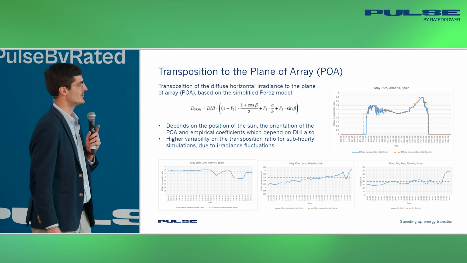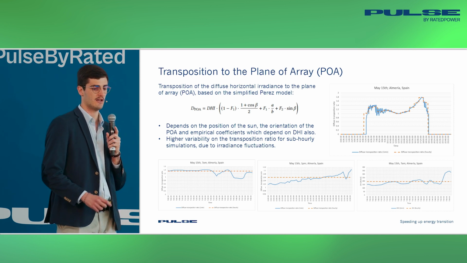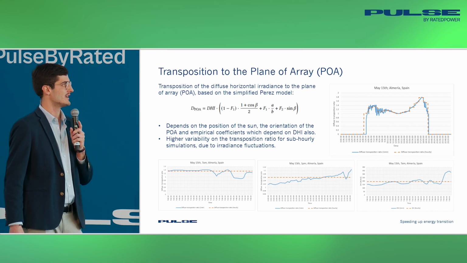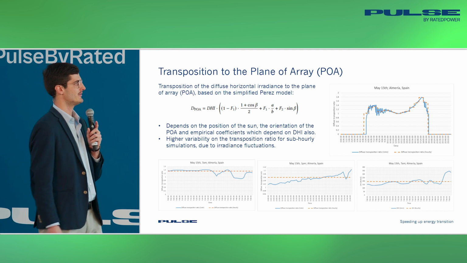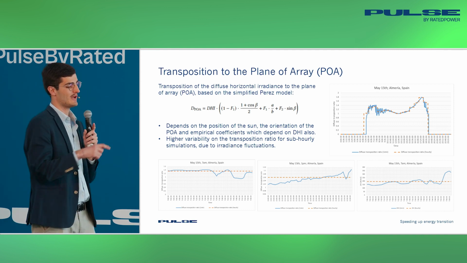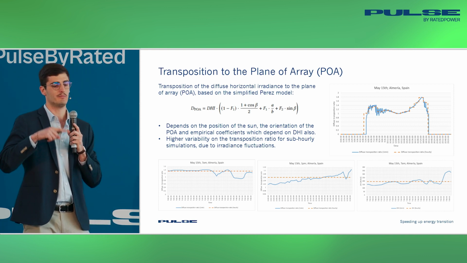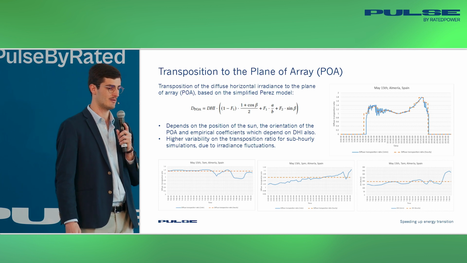The graph on the right side represents the same as before, but for the transposition gain with respect to the diffuse irradiation. We can see how now in blue, instead of a continuous smooth line, we have some peaks that look a bit weird.